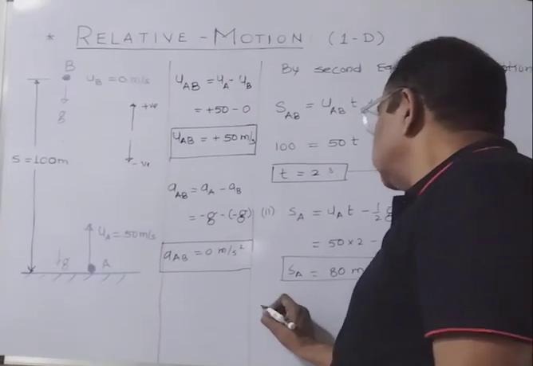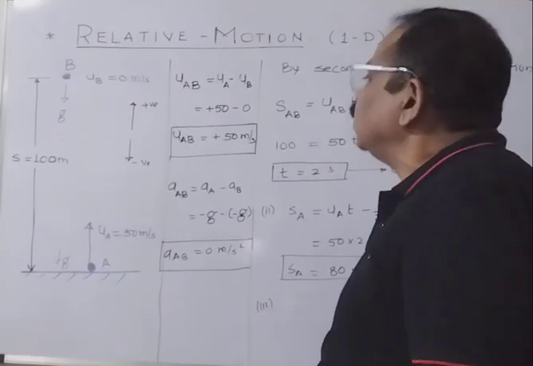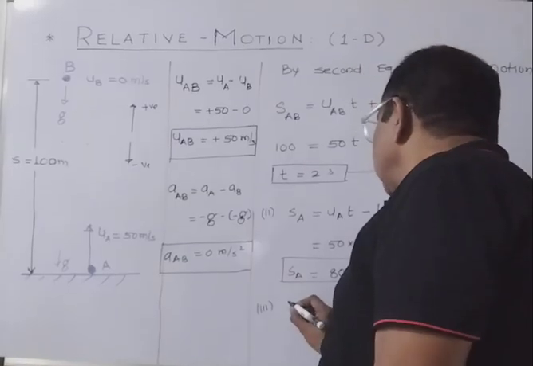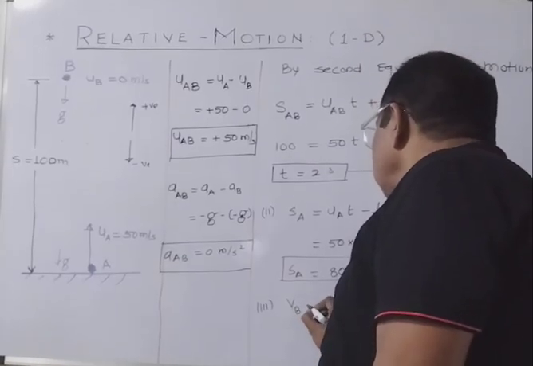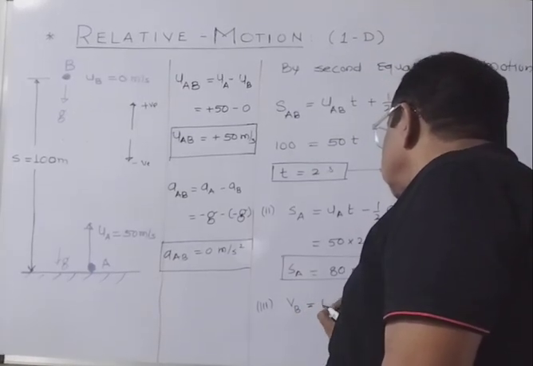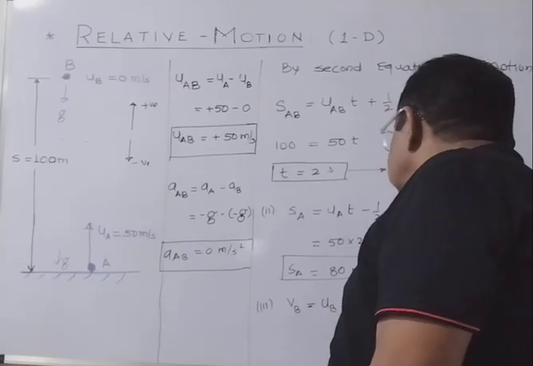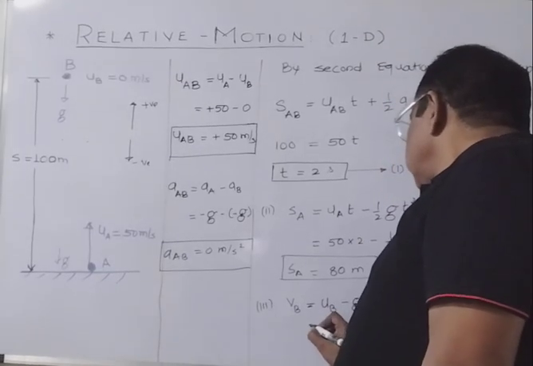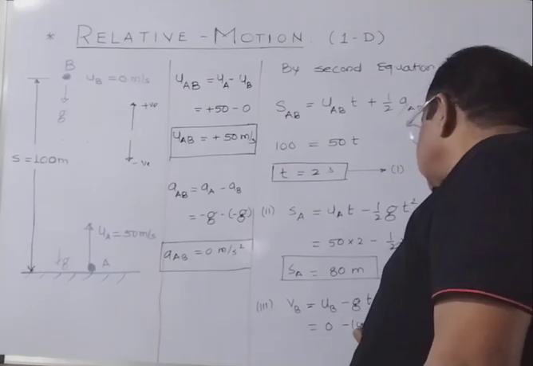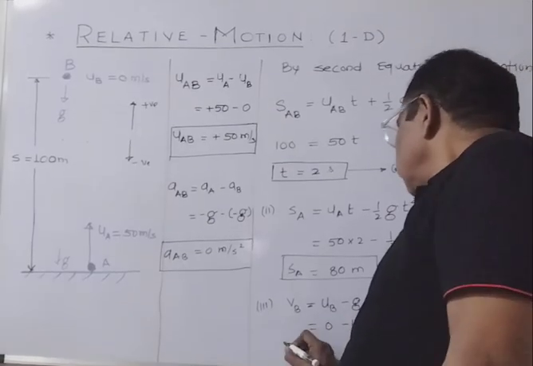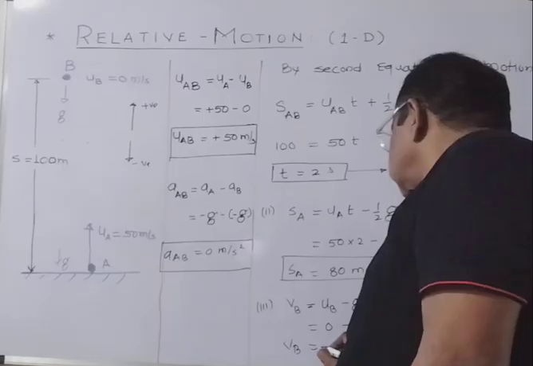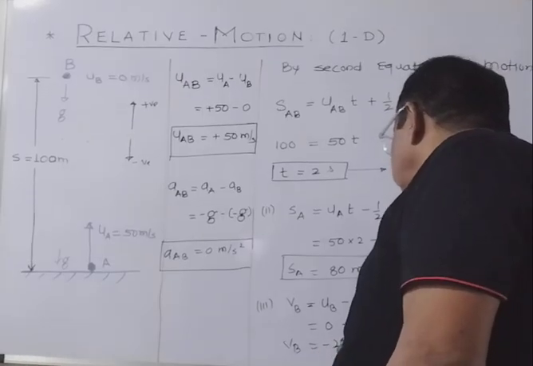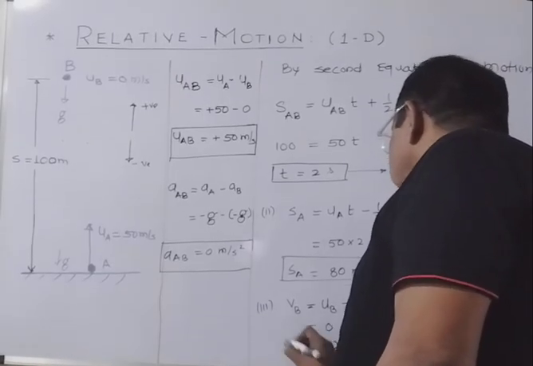At that time, if the question is asking what is the velocity of B, the final velocity of B is given by the first equation of motion: initial velocity of B minus g into t. So it comes out to be 0 minus 10 into 2. Velocity of B when they cross is equal to minus 20 meter per second.